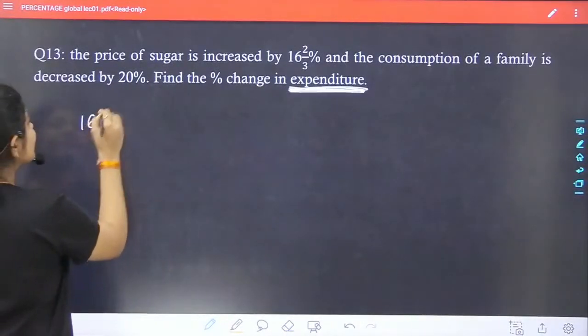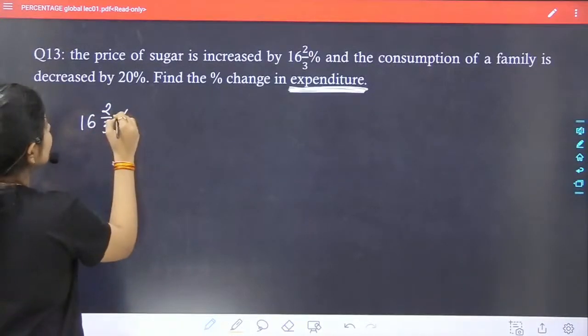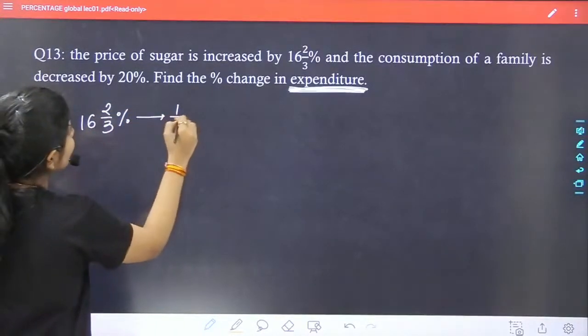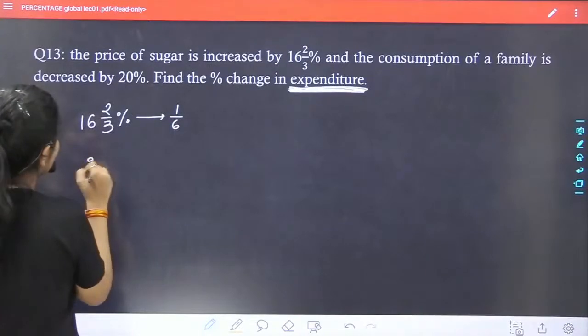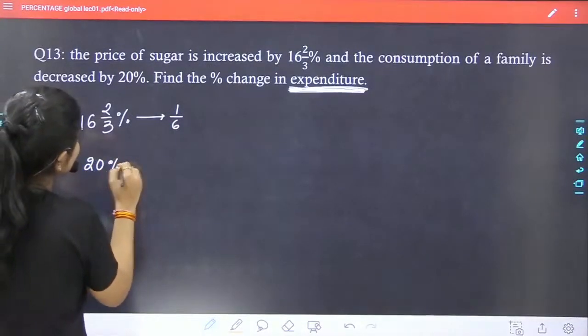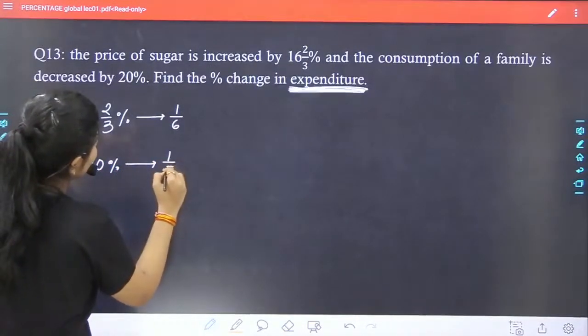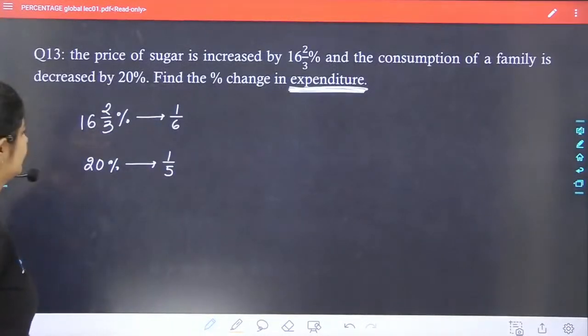I can write 16 2 by 3% as 1 by 6 in fraction, and I can write 20% as 1 by 5.